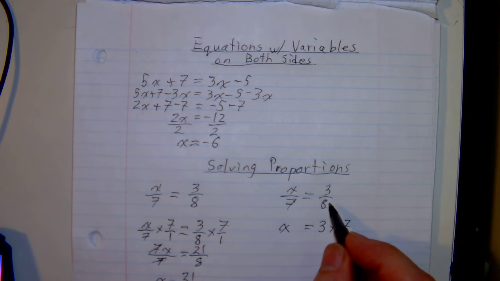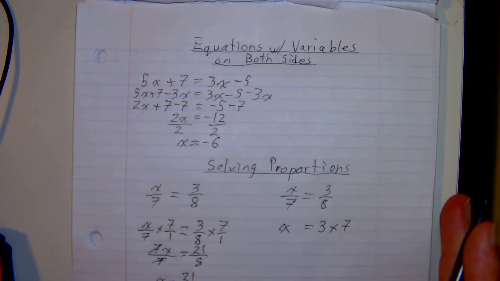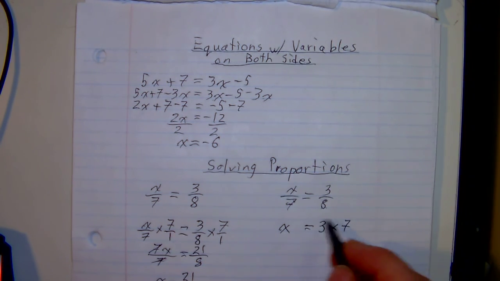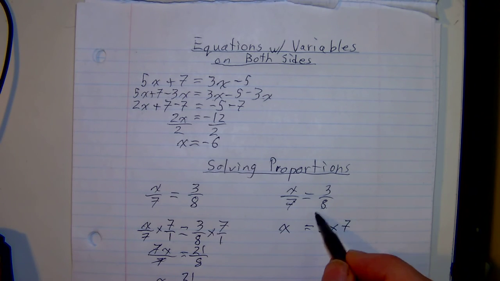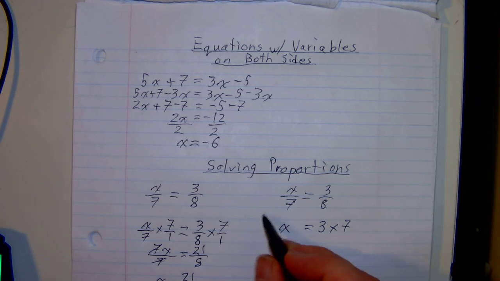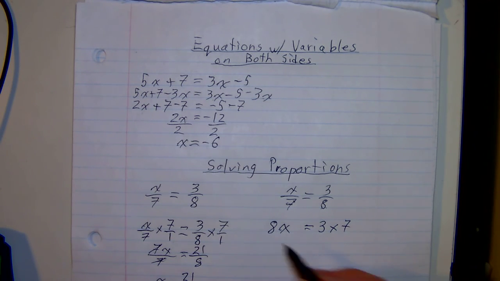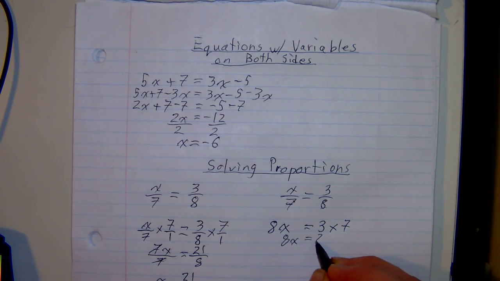Multiplying the right side by 8, though, does cancel out. 8 divided by 8 is 1. 1 times any other stuff is just whatever that other stuff is. So multiplying this side by 8 just gets rid of the divide by 8, so that's gone. Multiplying this side by 8 doesn't cancel out, so we need to show it. So we get 8x equals 3 times 7, or 8x equals 21.